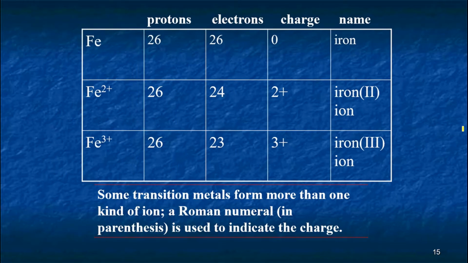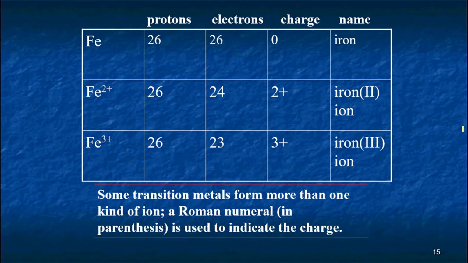Here's the series for iron. Atomic number 26, so in the neutral state, it would have 26 electrons, but it has the possibility of forming 2 different ions. One of them has 24 electrons for a +2 charge. The other one has 23 electrons for a +3 charge.